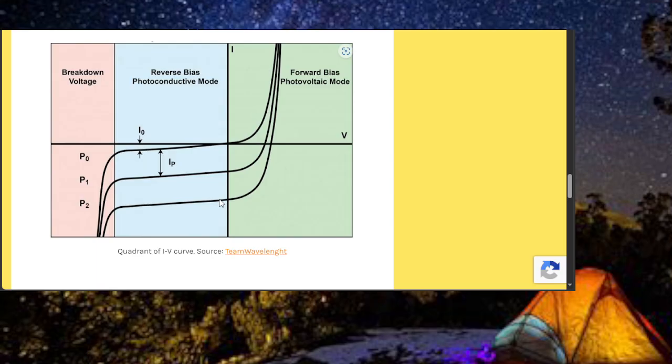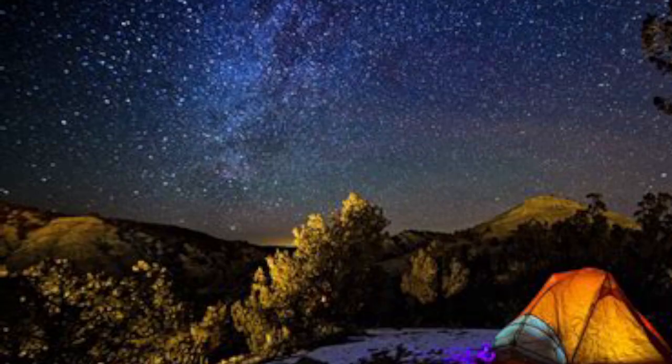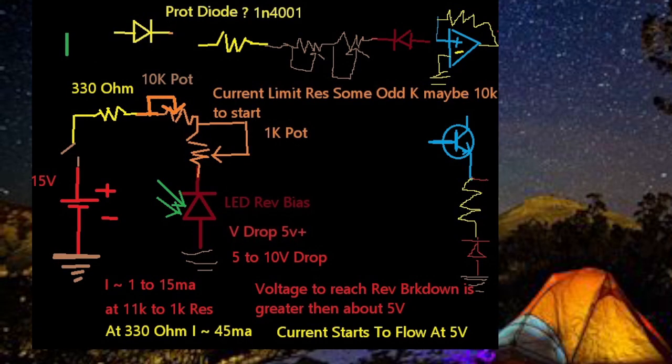Now that's a low current. So what we need to do is take that current and amplify it while we're measuring it. But we don't want to measure the current directly, because now if we go back to my circuit, and we'll look at the circuit here, you've got this resistor that you can put in there.